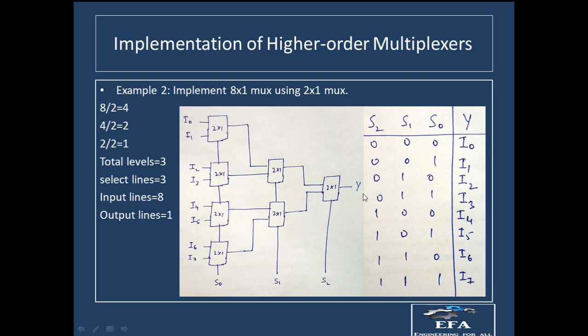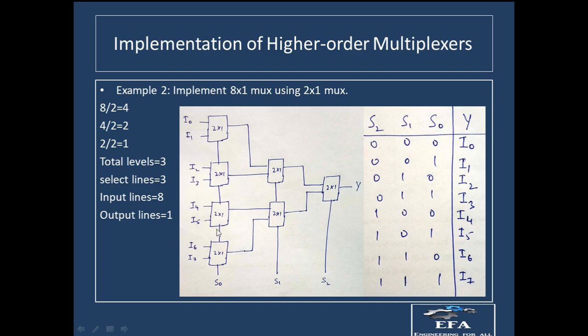Whenever we have 0 0 1, this will be the value of the select lines. When we have 1 at this position, the second inputs to all these multiplexers will be passed. So first of all we'll have I1, then I3, I5 and I7.